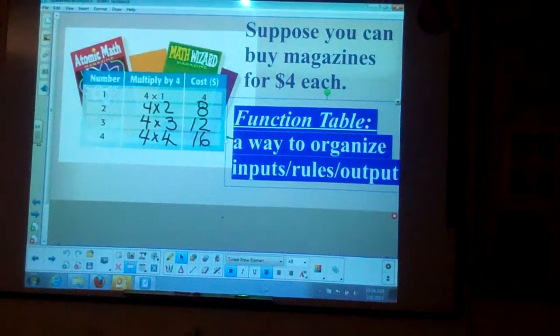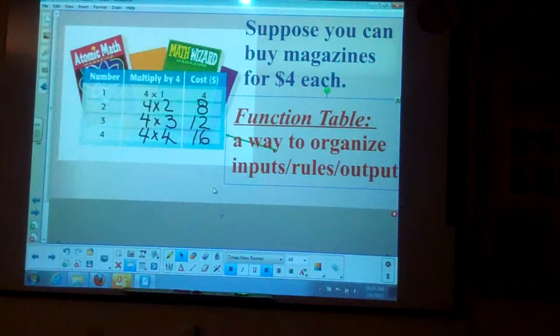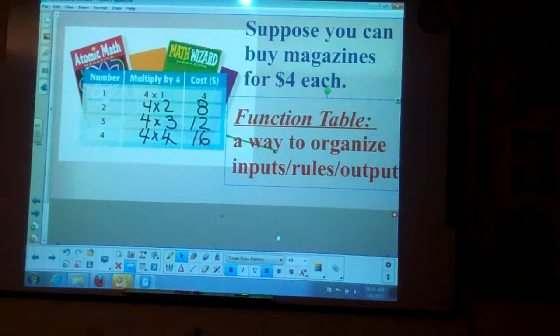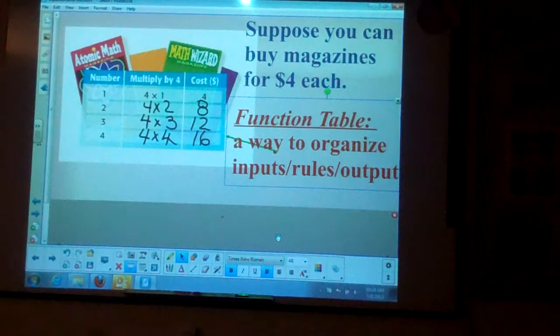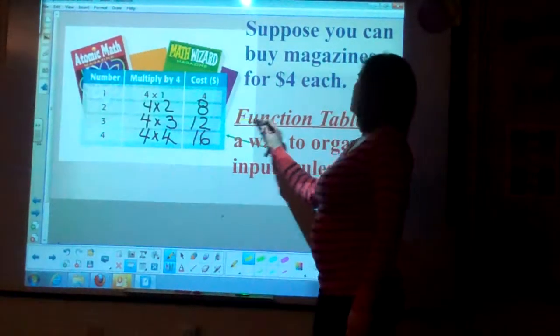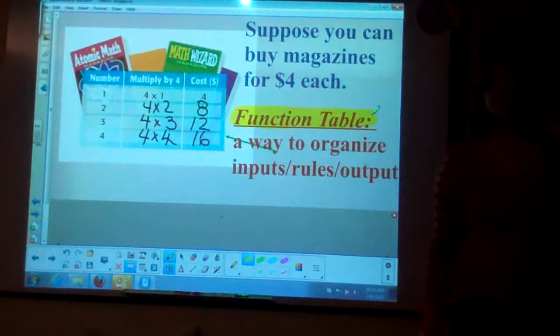A function table is a way to organize your inputs, the rules, and the outputs. So this right here is an example of a function table.